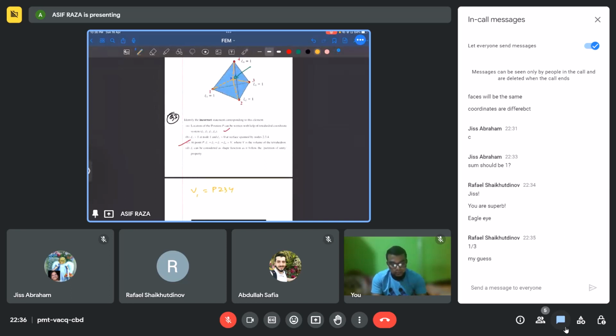V1 is the volume of the tetrahedron formed by point P, 2, 3, 4. Please look at this. Like similarly in the triangle, what was happening?